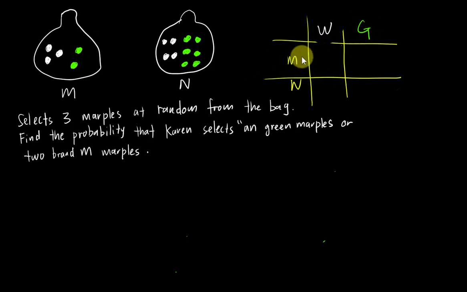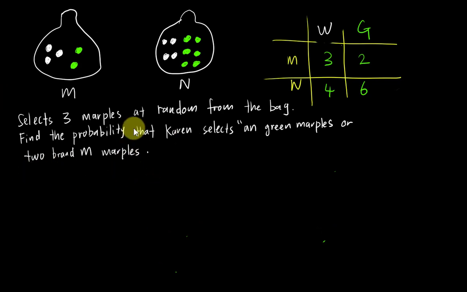Alright, and then we have M and N. So basically over here, for the brand M, the white color we have 3. For the brand N, the white color we have 4. Alright, and then for brand M, the green color we have 2. For the brand N, the green color we have 6. Alright, so I just do it like this, so you are less confused over here. Right, then I will start doing this.